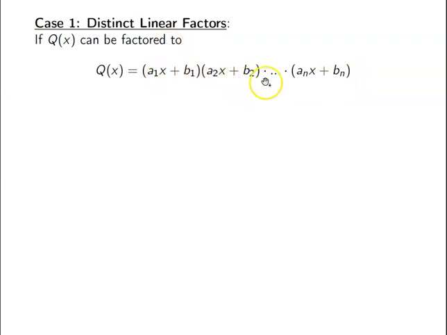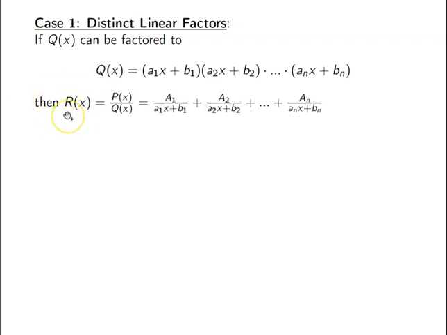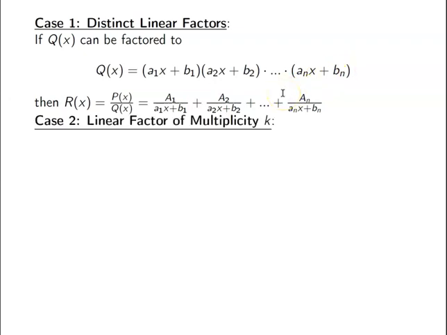But all of these things look different. None of them are the same. Then my rational function, when I decompose it through partial fraction decomposition, will look like this. Some constant on top of the first factor plus some constant on top of the second factor. And I do that for each factor present. Okay, so that's the first case.